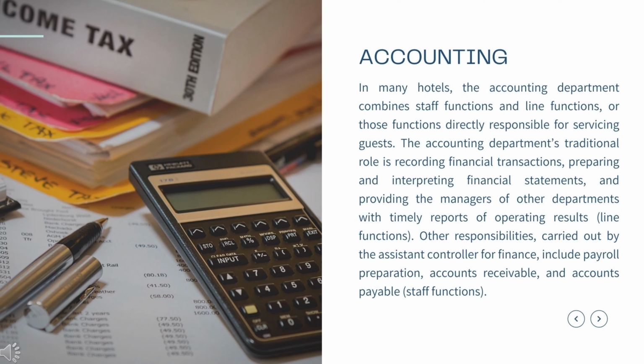Although the front office cashier and the night auditor physically work at the front desk and, in the case of the cashier, have direct contact with guests, they are members of the accounting department and report to the assistant controller of operations.